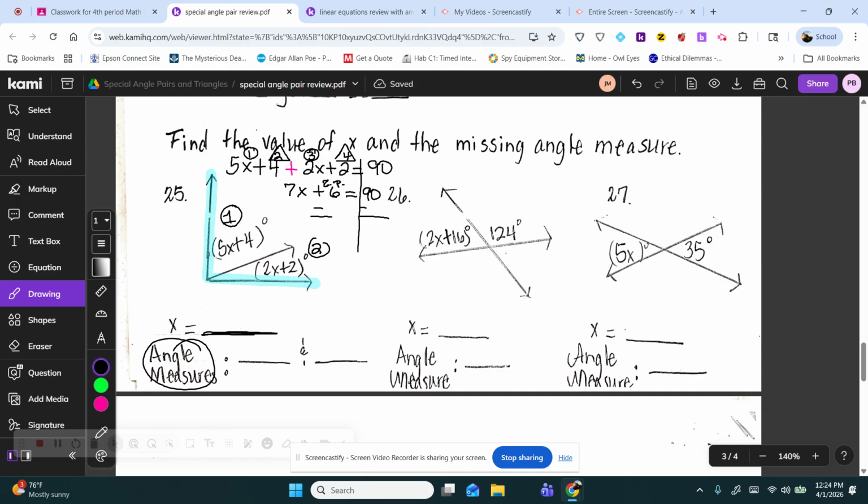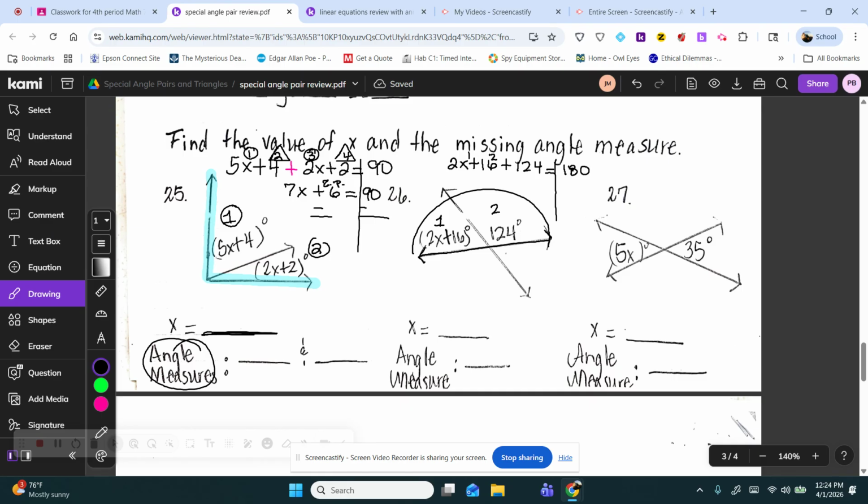All right, so I didn't finish 25. I'm not gonna finish 26, but I will say these two sit on a straight line and they sit inside of a semicircle. So you're gonna take what's in angle 1, which is 2x plus 16. You're gonna add it to what's in angle 2, which is 124. And you're gonna set it equal to 180.